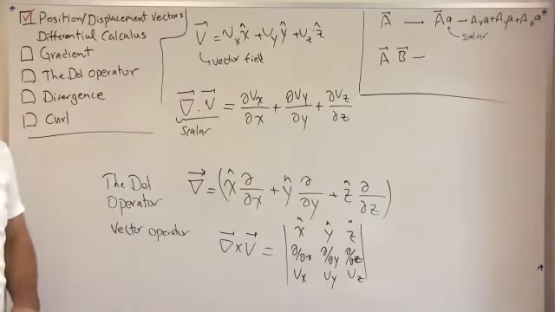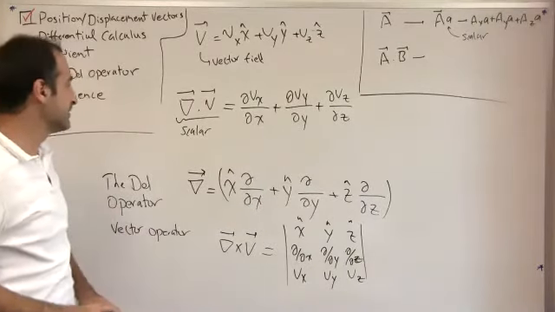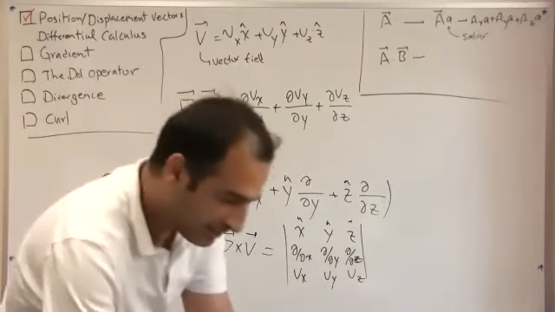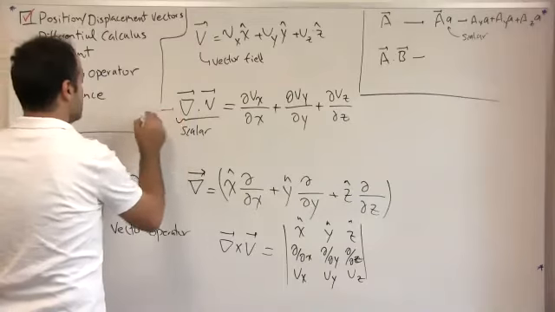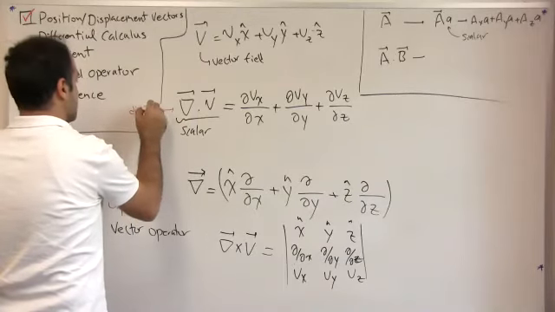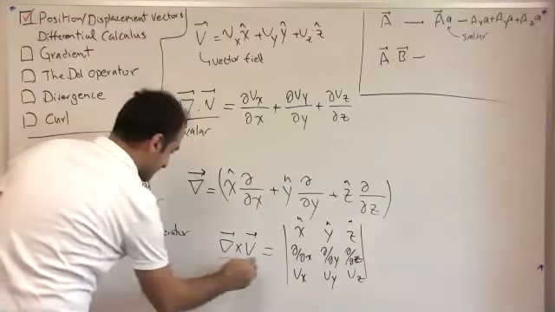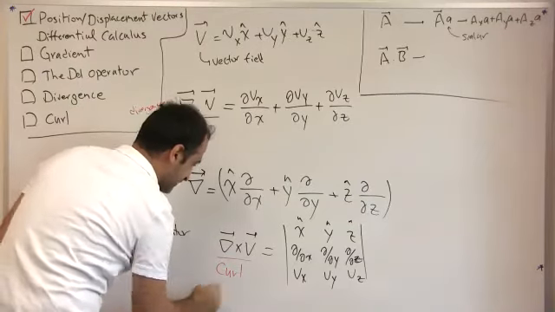So this is the cross product. The dot product of the del operator with a vector is called divergence. This one is called the curl.